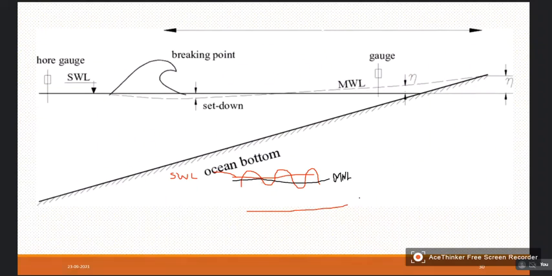Still water level is always horizontal, whereas the mean water level, because of waves, will change.